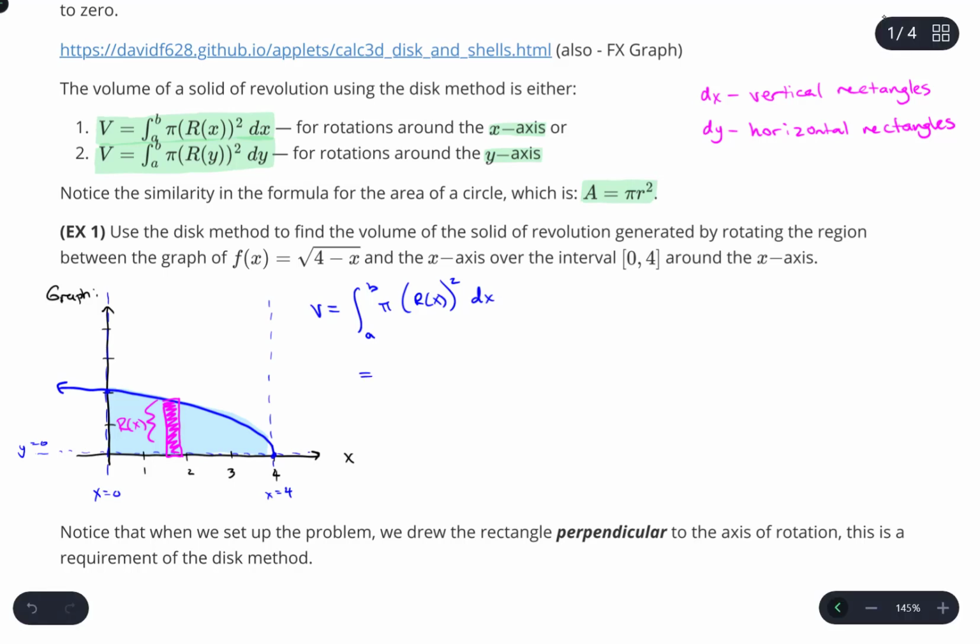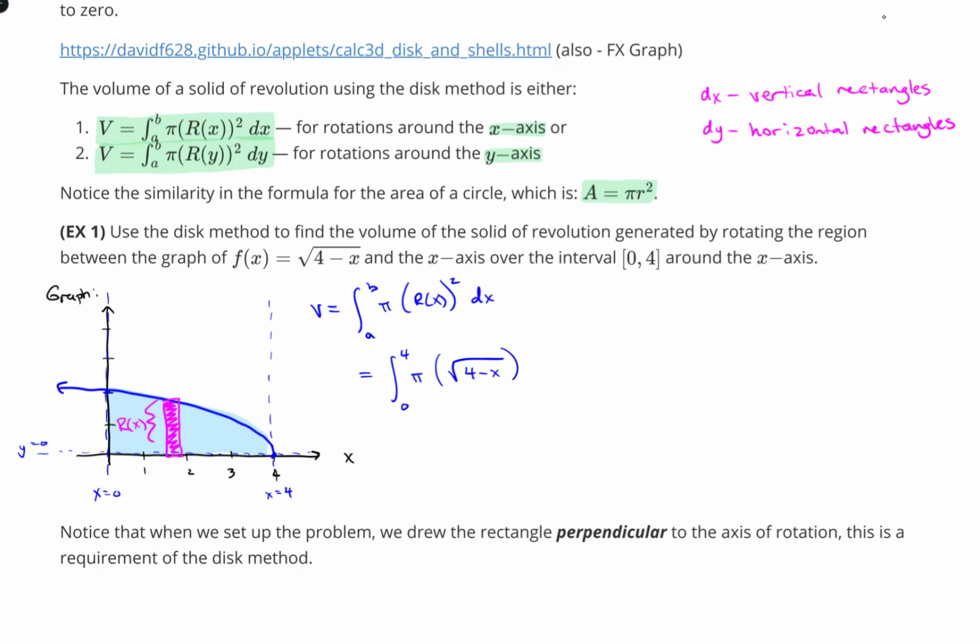So what I'm going to do is set up my integral. So my rectangles would start here at 0 and finish by x equals 4. So I would integrate between 0 and 4. And then I have the constant pi. The function itself is the height of the rectangle. So that's my r of x, which is 4 minus x.